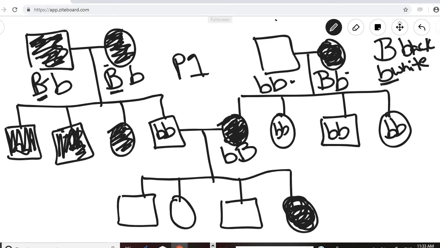So again, we know that they have to be this, right? And this is black, so we know he has to have the dominant gene, and the only thing he can get from the dad is the recessive gene. So that would be his genotype. Okay.